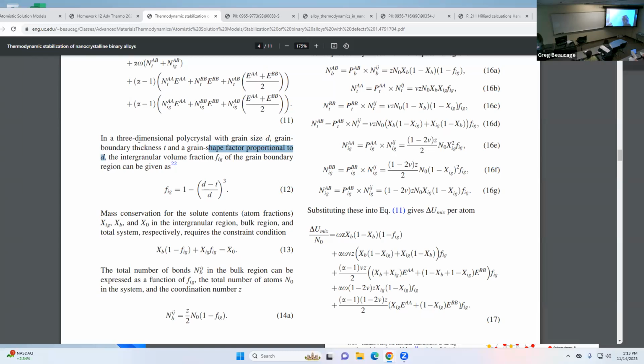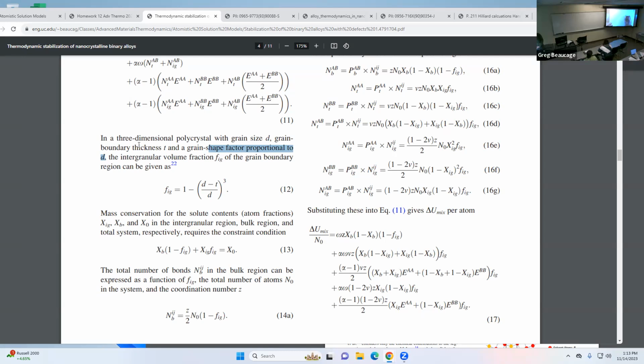Basically it works like this: when T is 0, then this is 1 and that's 0. So when you have no interface thickness, you have 0 amount of volumetric interface. When T is D, then this is 0 and you have 100% interface.